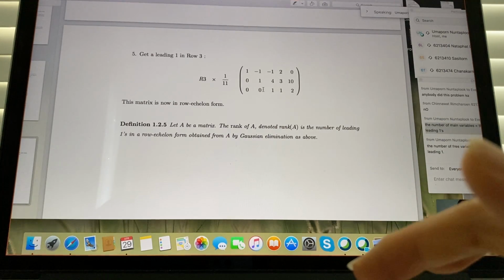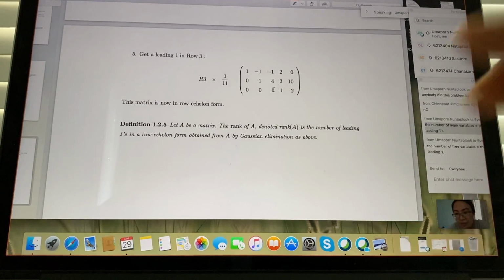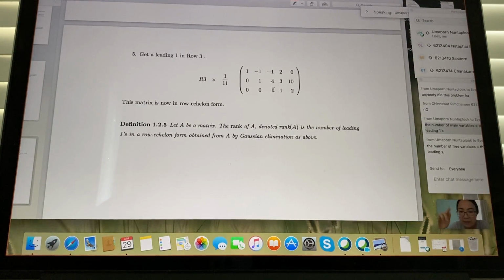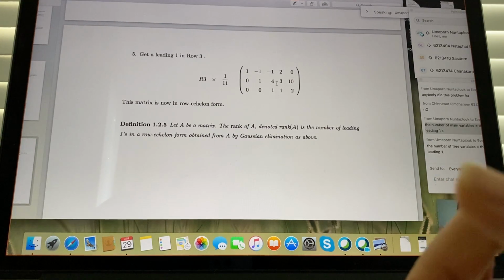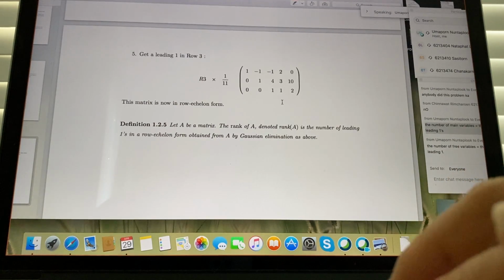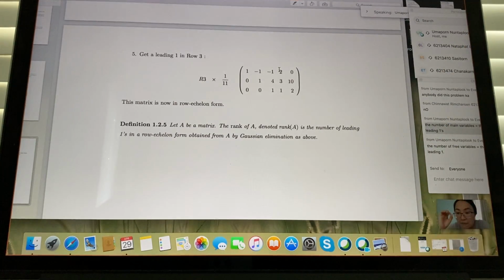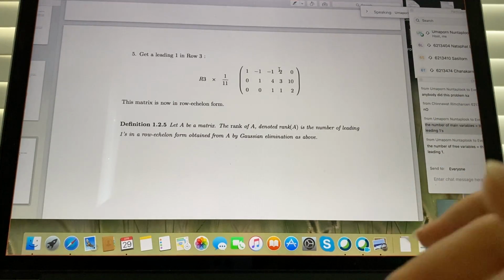And now only 3 columns contain a leading one. Let's go back to the free variable and the main variable. So now we have 3 main variables, x, y, z. The last column doesn't have a leading one. Therefore x4, or w, represents the only free variable in this system.